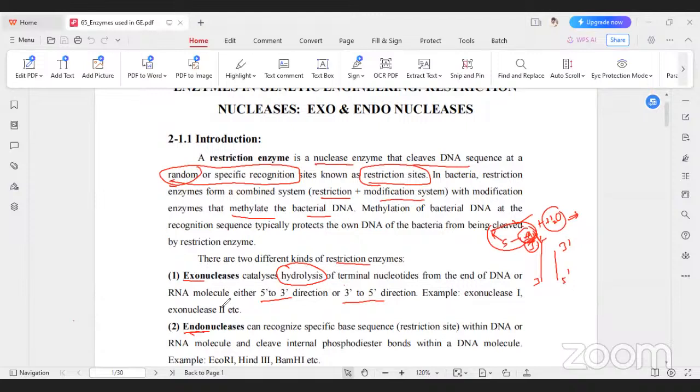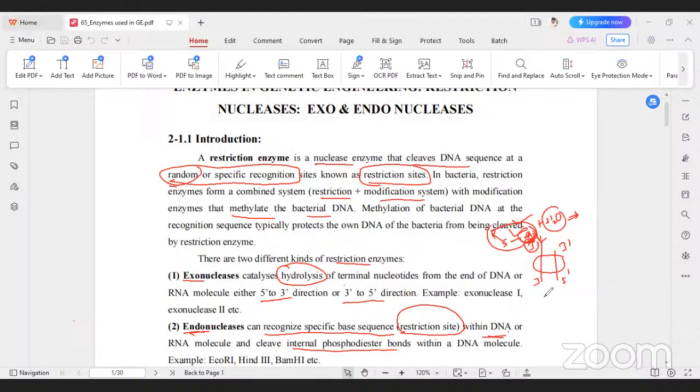Outside that means endo, meaning inside. Endonuclease can recognize the specific base sequence, the restriction site, within DNA, not terminal. Exonuclease acts at the terminal site. But endonuclease acts within the DNA or RNA molecule, internal, and cleaves the internal phosphodiester bonds. Here is the terminal.